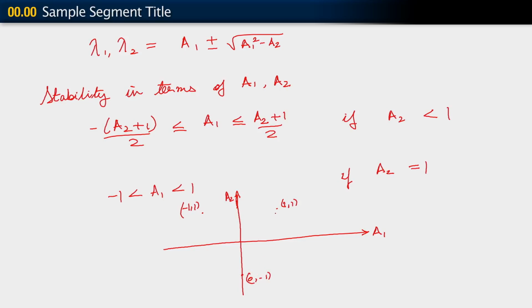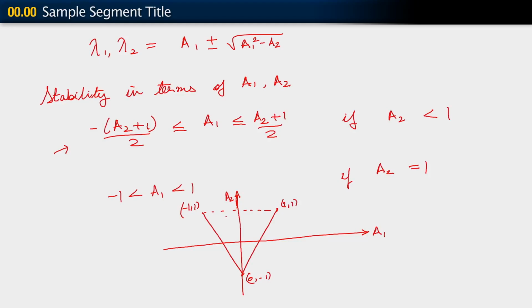The first condition holds everywhere except for that line, because that dashed line is a2 equals 1.